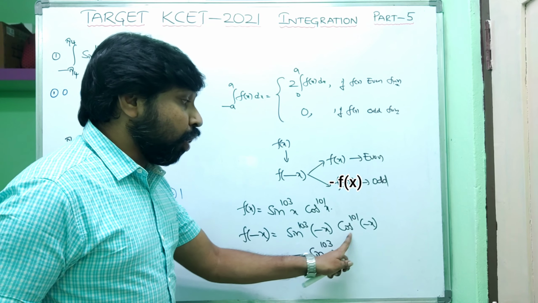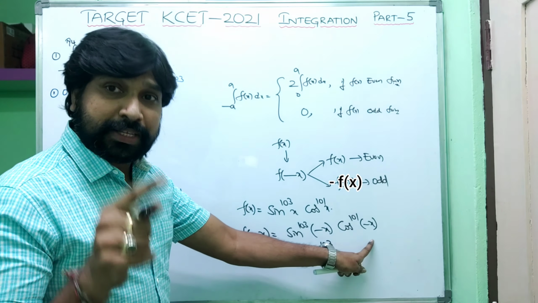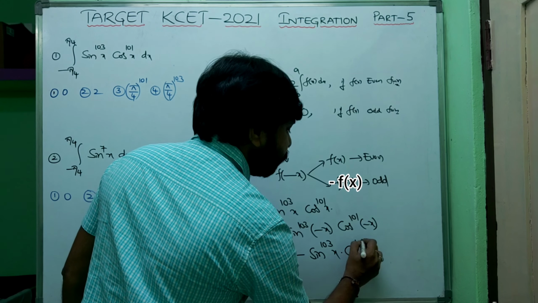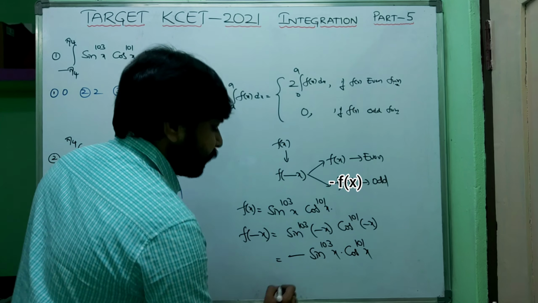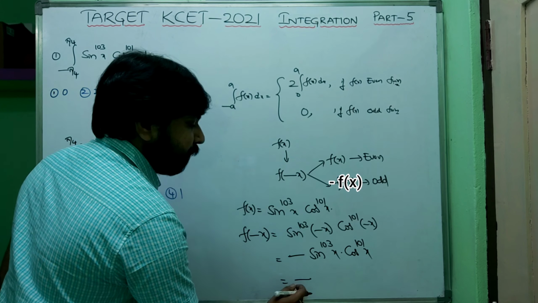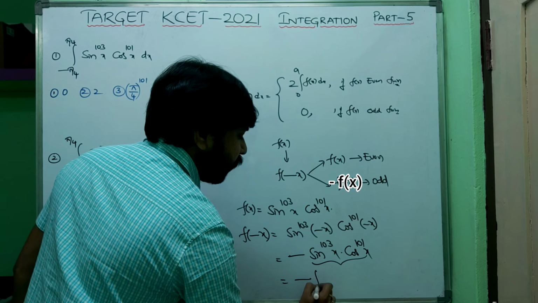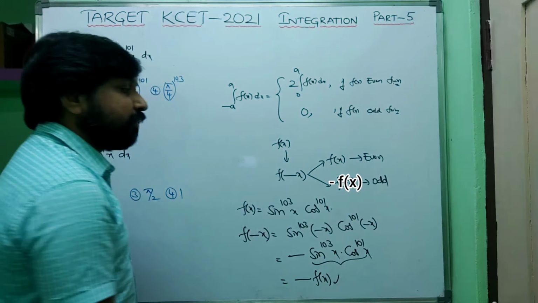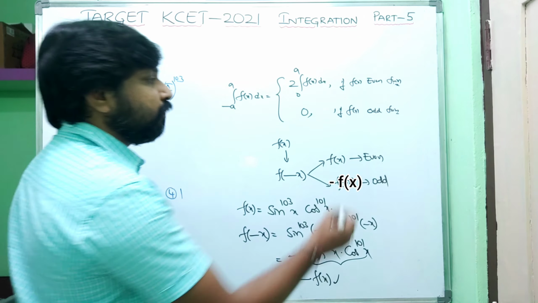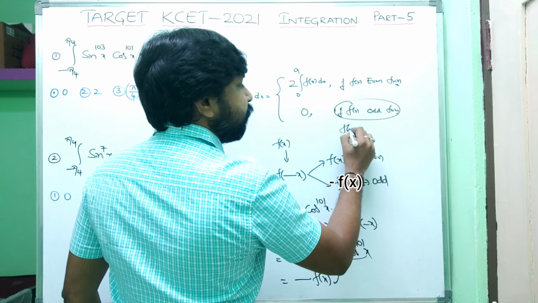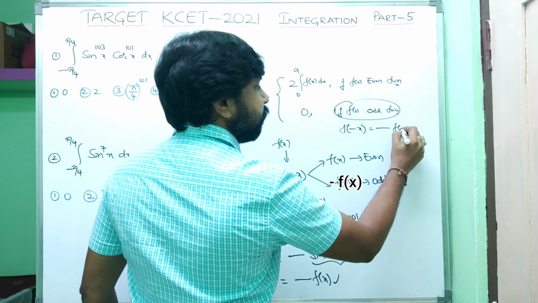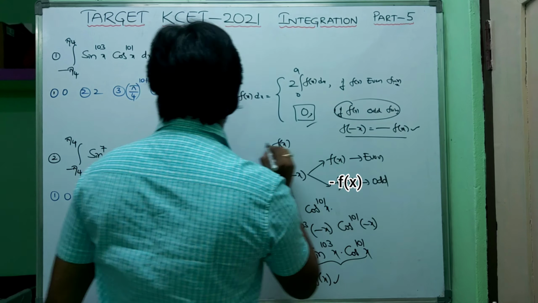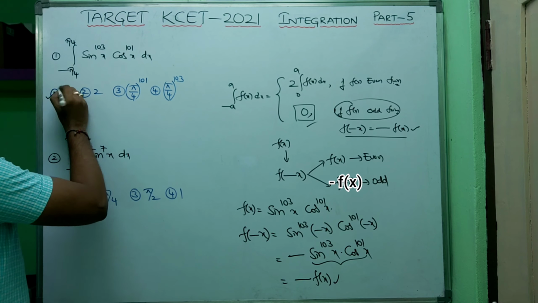Then cos of minus theta is always plus cos theta, whether the power is even or odd, so cos^101 x. So this is minus times the total part, which we can write as f(x). So f(minus x) equals minus f(x), which means it is an odd function. The definition is f(minus x) equals minus f(x). Whenever this condition is satisfied, the answer is 0. Yes, this question's answer is 0 only.